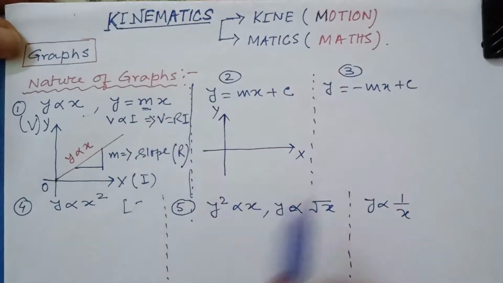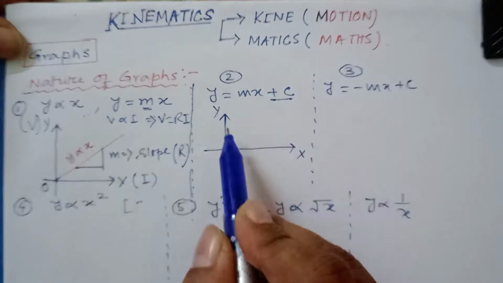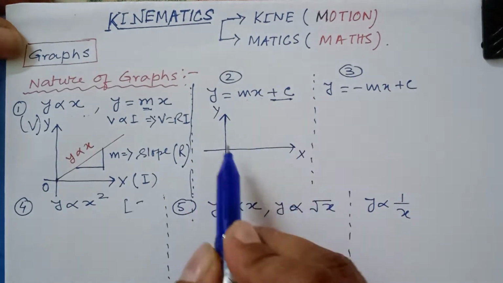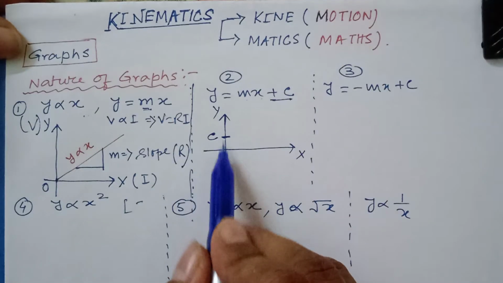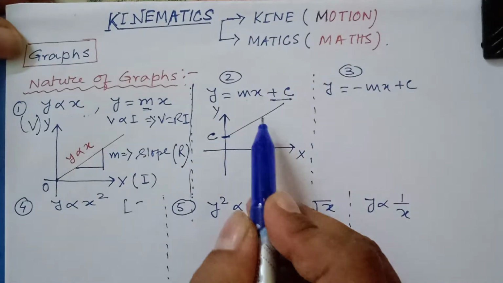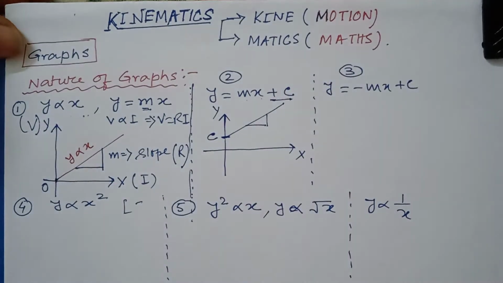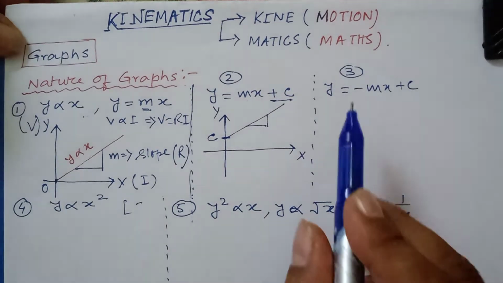Suppose this is y and this is x. You have to go plus c along y. See, y equal to mx plus c. So this is the value of c along y, and then draw the slope mx. If you draw the slope, it will represent the physical quantity m. Next, graph number 3.